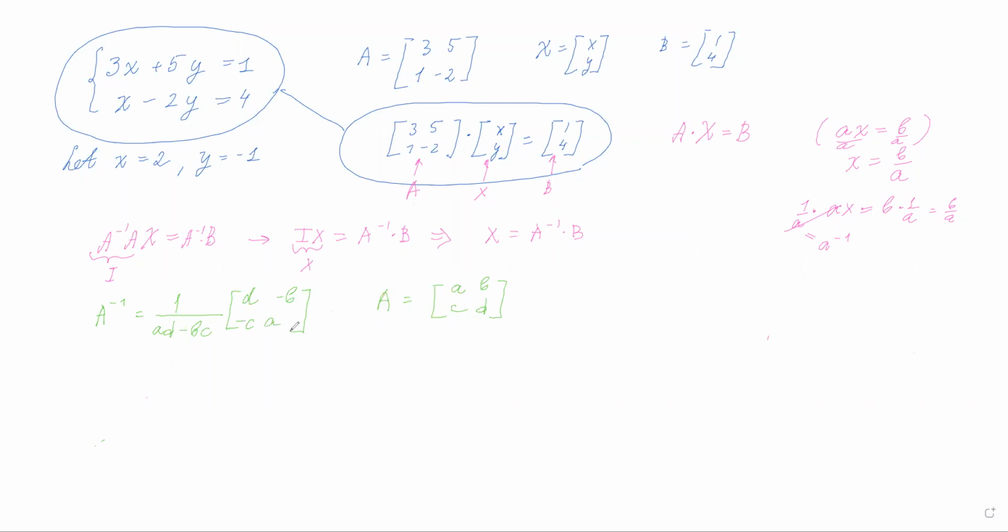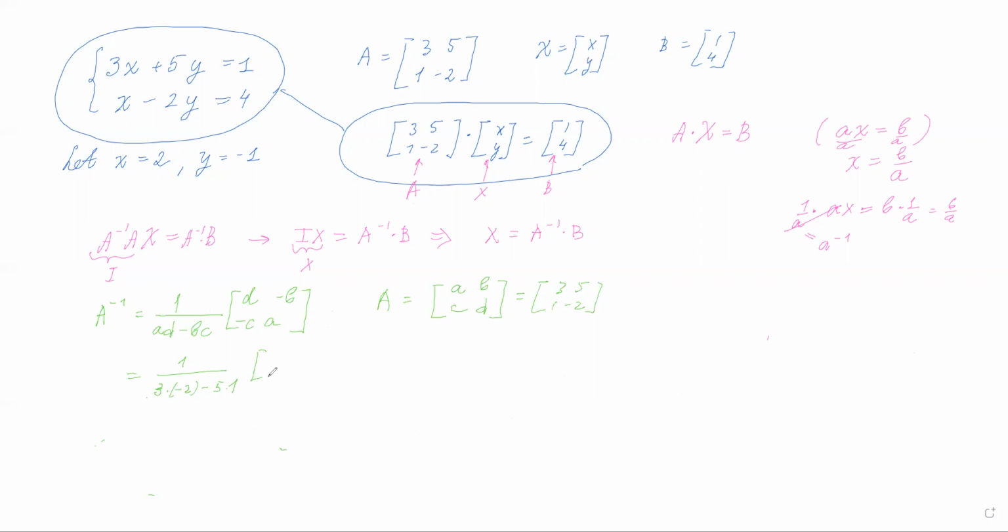Well, let's use our matrix 3, 5, 1, minus 2 instead of A. So in our case, it's going to be 3, 5, 1, minus 2, and plug it in over here and see what we are going to have as the inverse. It's 1 over AD. AD is going to be 3 times minus 2, minus, I'm going to write down 3 by minus 2, and minus 5 by 1, right?